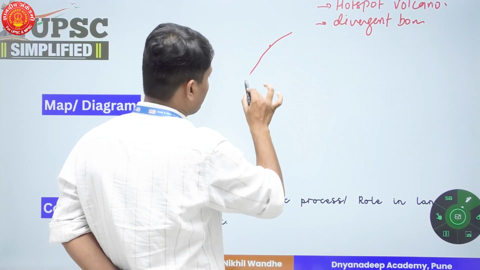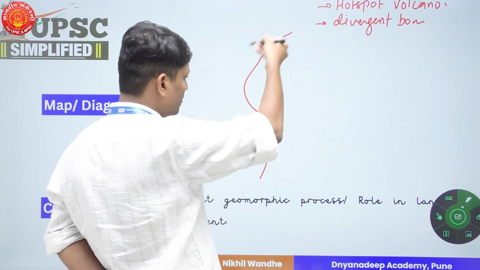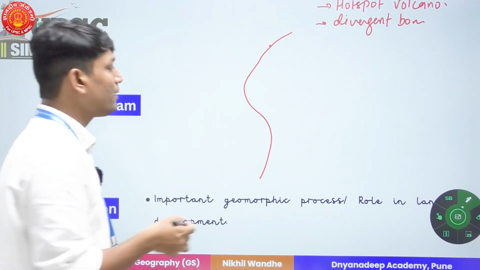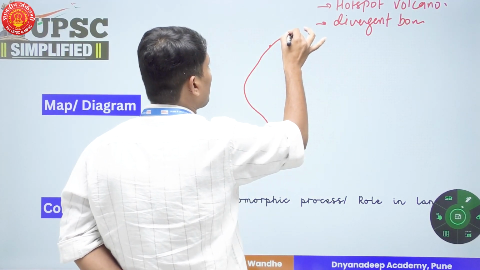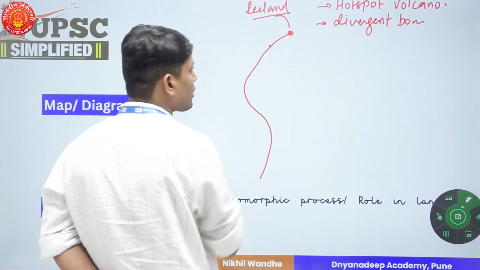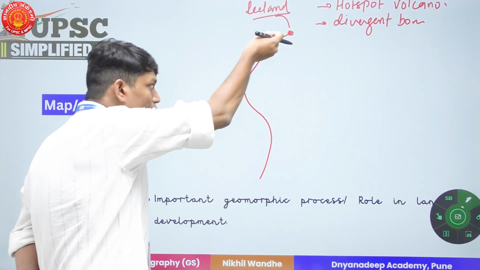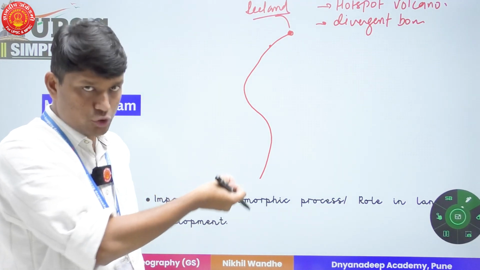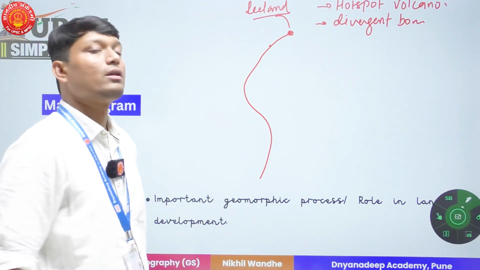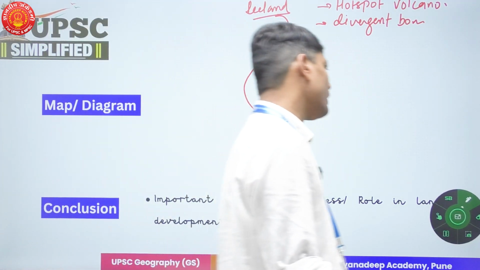Maybe one boundary you can draw is the mid-oceanic or mid-Atlantic ridge. There we have a divergent boundary. Here we have one hotspot volcano, that is Iceland. Show this hotspot volcano. It sits on a divergent boundary, so that way you are also explaining how this hotspot volcano results in the formation of divergent boundaries, and so on.